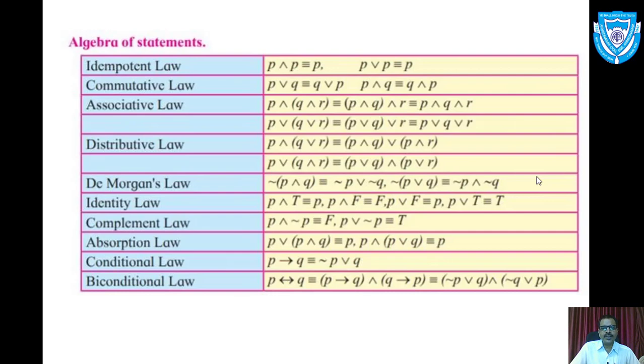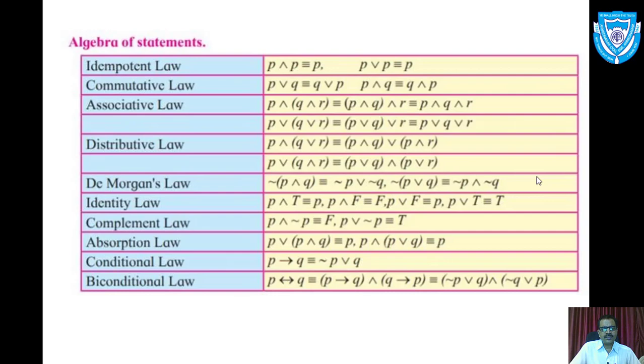First of all, P and is given to Q, then P and is given to R. So it becomes P and Q, P and R, and they are interconnected by the connective OR. That is also called the distributive law of conjunction over disjunction. Similarly, you can discuss the distributive law of disjunction over conjunction: P or (Q and R) is equivalent to (P or Q) and (P or R). So these are the two distributive laws.